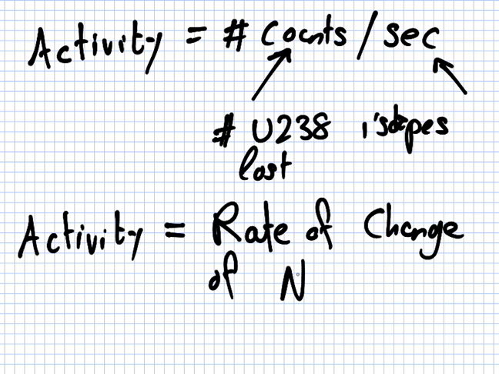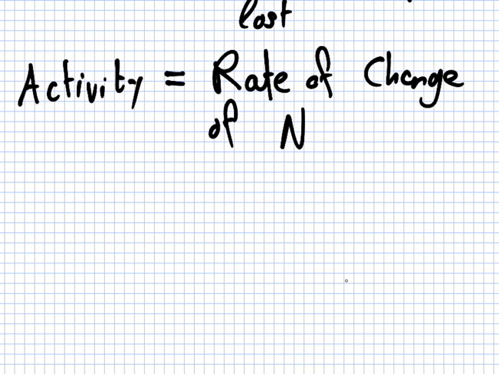So you have two actually formulas for it. Yeah, but the second one now can be a bit more useful, because what is rate of change in mathematics? In maths, what's rate of change? The derivative. So another way we can look at it is activity is the time derivative of n.